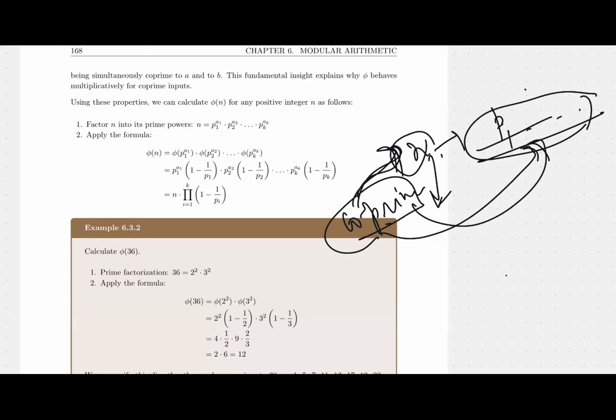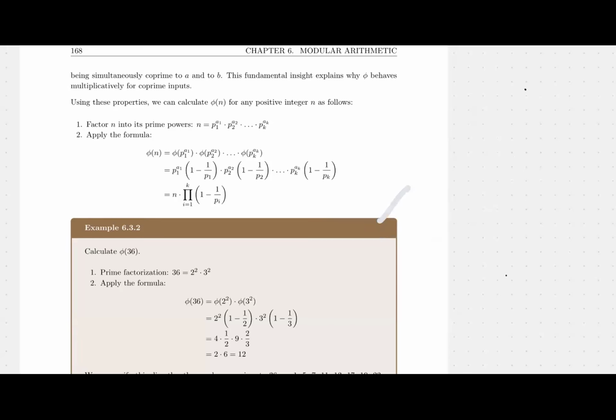Yes, sir. So that's the main idea. And because we know the formula for phi of p_i to the power alpha_i, because of this mapping, we know this formula, we just multiply it.